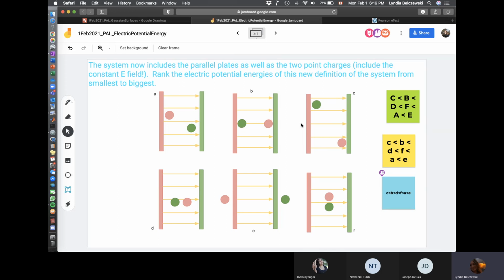And if they were to move that way, that means that they would have some kinetic energy, because they're moving towards each other. Where did that kinetic energy come from? That means there had to have been a significant amount of potential energy in the system to begin with. So C actually has quite a large amount of potential energy for that reason, because the separation between these two oppositely charged point charges would want to bring them closer together.